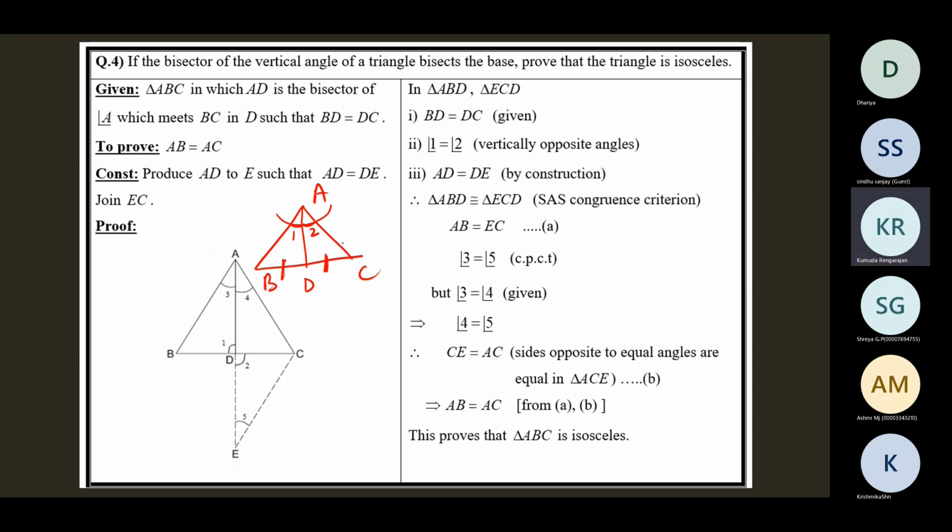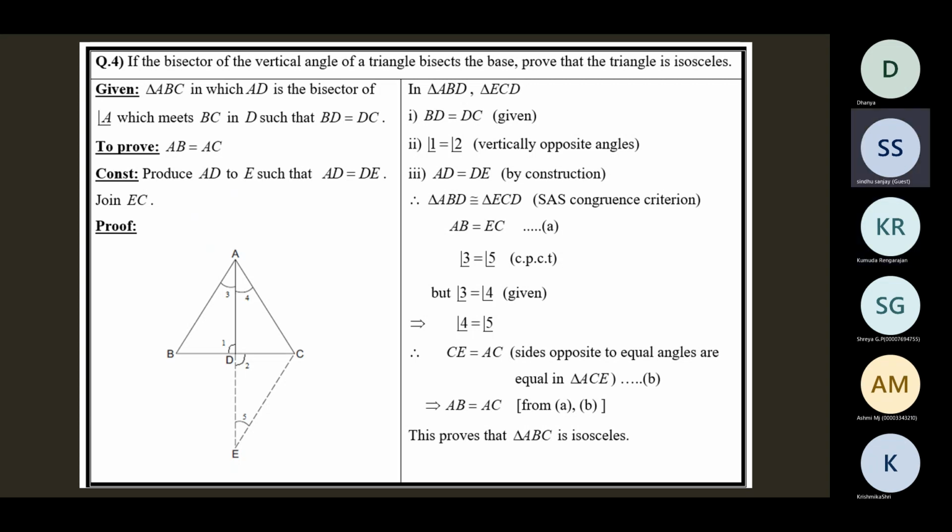If AD has both these properties, then the triangle ABC should be isosceles. Do we understand the information given in the statement, children? Yes, ma'am.